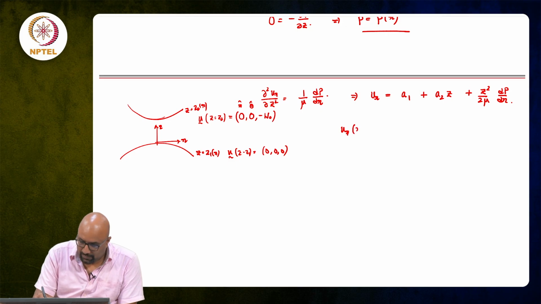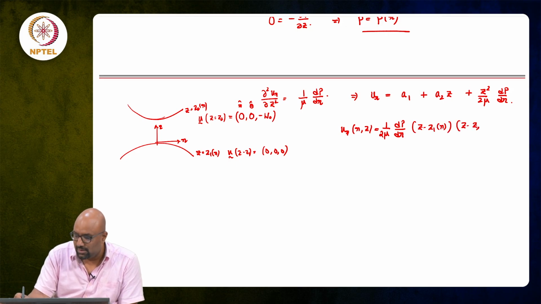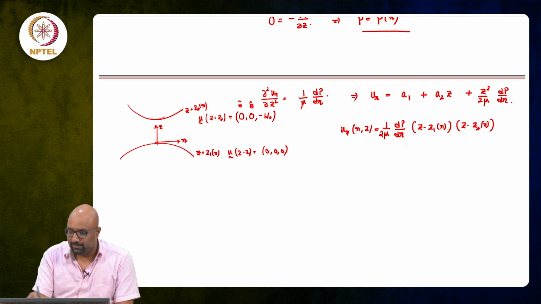So, u r of r comma z is 1 by mu dp dr. I am writing it as an ordinary derivative because p is only a function of r, z minus z1 of r, z minus z2 of r.